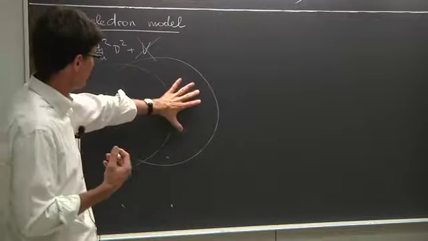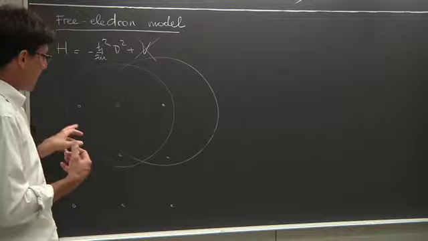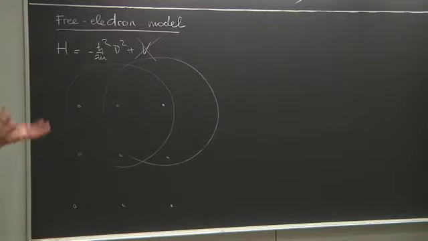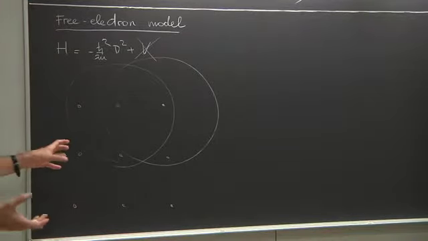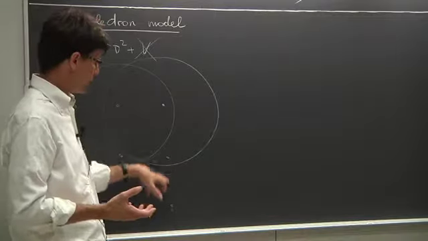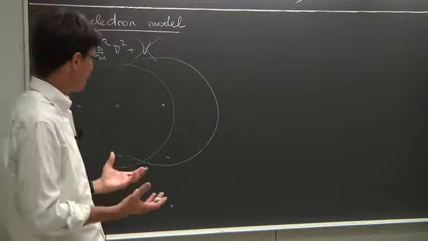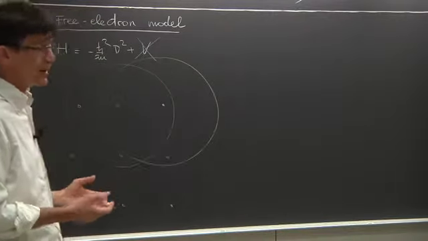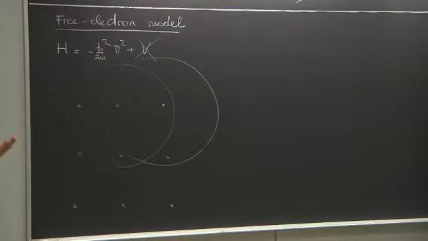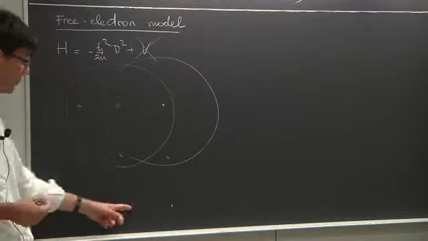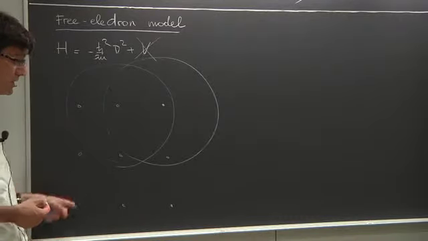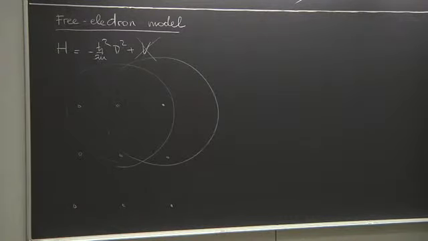You see the nuclei, but at the same time, all the other electrons will adjust themselves in order to screen the strength of the Coulomb potential coming from the other nuclei. They're very easy to distort, and therefore they are very effective in reducing the strength of the attractive nuclear potential due to the other nuclei.